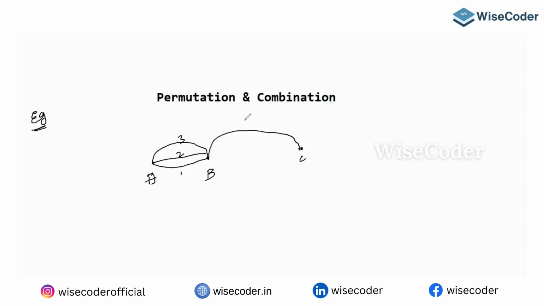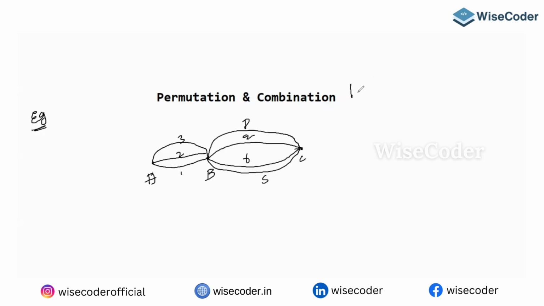Let me name the routes P, Q, R, S. There are three ways to travel from A to B and four ways to travel from B to C.